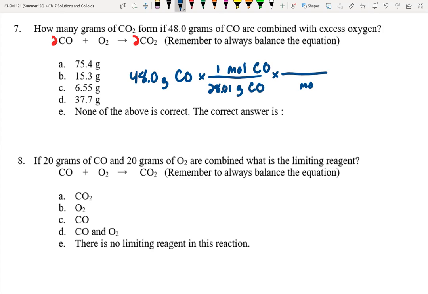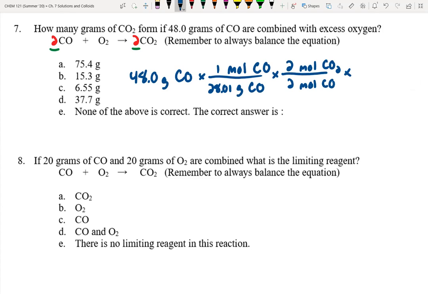So I'd want to cancel out moles of CO by putting that on the bottom. And we can convert this to moles of CO2 by looking at the reaction coefficients. We've got 2 moles of CO for every 2 moles of CO2. So it is a 2-to-2 ratio, but I still like to show this just in case it weren't 2-to-2 or 1-to-1.